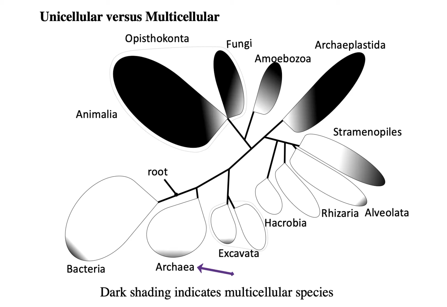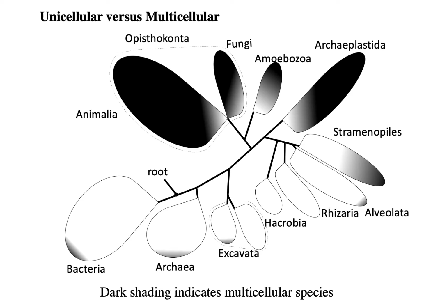Archaea appeared about 3 billion years ago, and then into these other eukaryotes here, the Excavata, Hacrobia, the SAR groups, Alveolata, Rhizaria, Archaeplastida, the plants, and the amoebozoans here. Those all appeared within the last 2.5 billion years before the present.